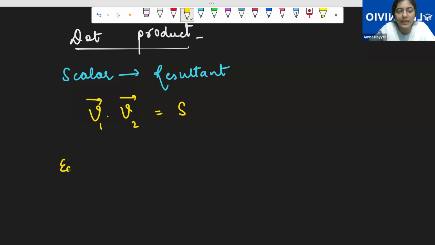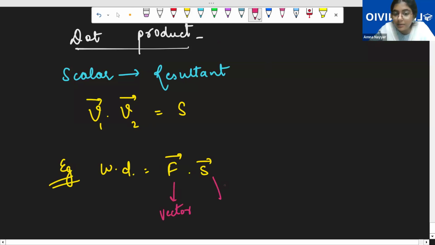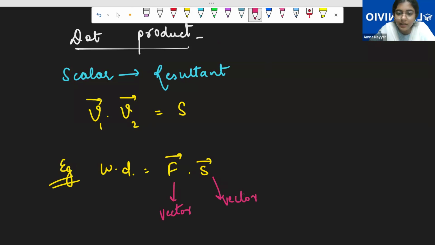If I give you one example, in the work, energy and power chapter, work done is equal to force dot displacement. Now for us we already know force is a vector, displacement is a vector, work done is a scalar quantity. So this is when we use the dot product.